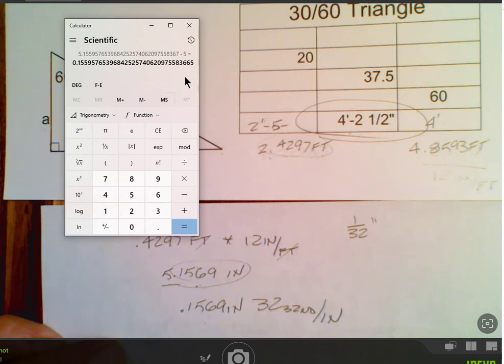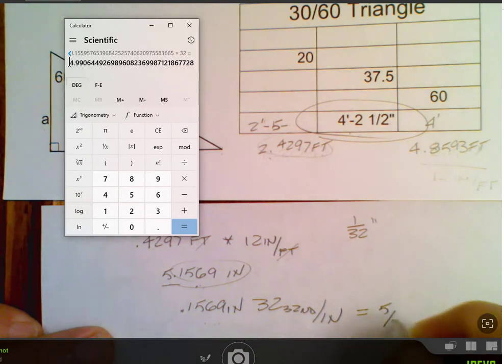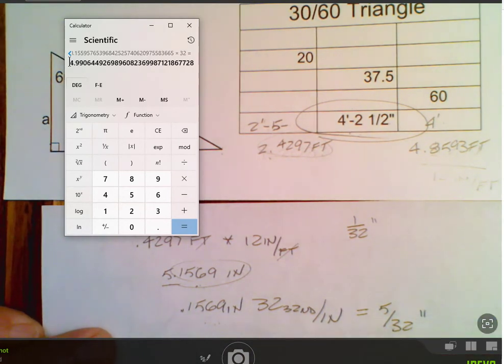Now I take that again, I'm just going to make this as accurate as possible. I multiply that times 32 and I get 4.999 whatever. Now here's the thing, I can't have a decimal and a fraction mixed, so what I'm looking for is the nearest whole number. The nearest whole number is a 5. Since the nearest whole number is a 5, that value right there is the equivalent of 5/32 of an inch. That's the value within the nearest 32nd.